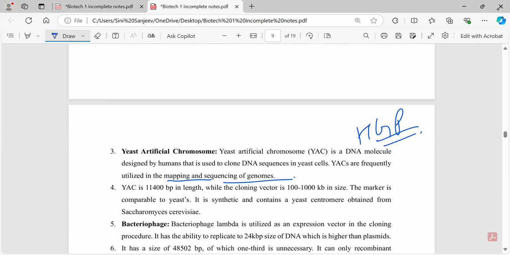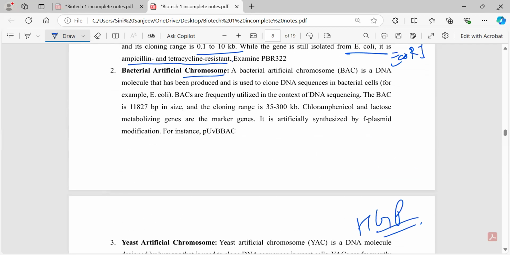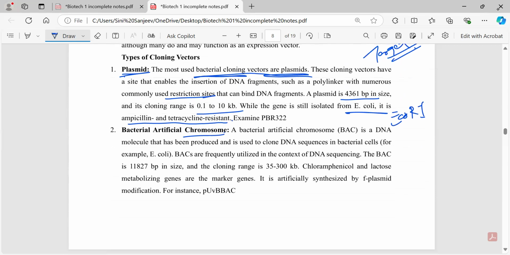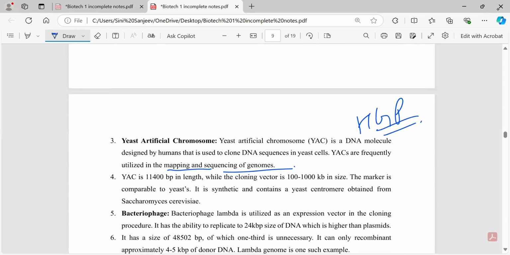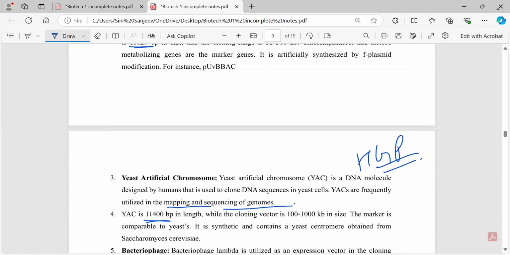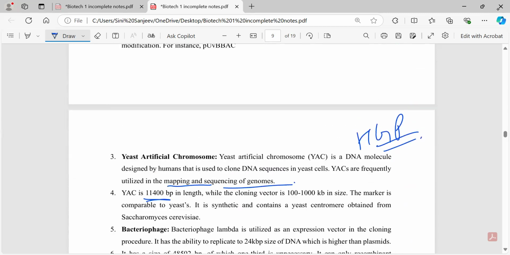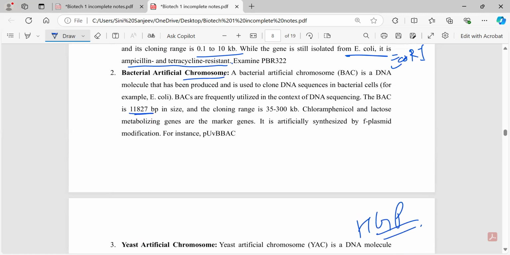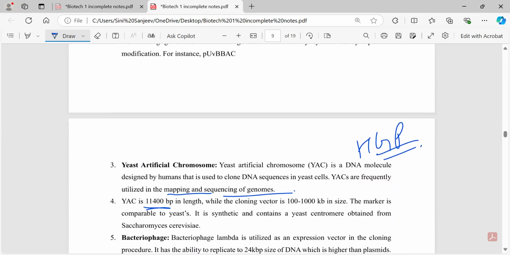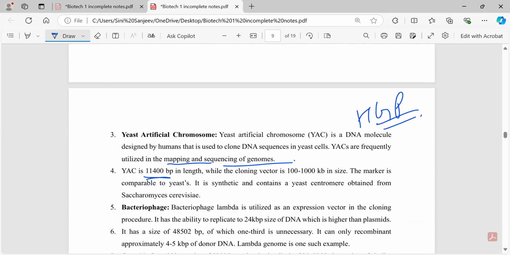If you see the sizes here, this was 4,361, this is 11,827, whereas your YAC is 11,400. So if you compare all three, the BAC is bigger in size, so you can incorporate a little more gene inside that particular vector.